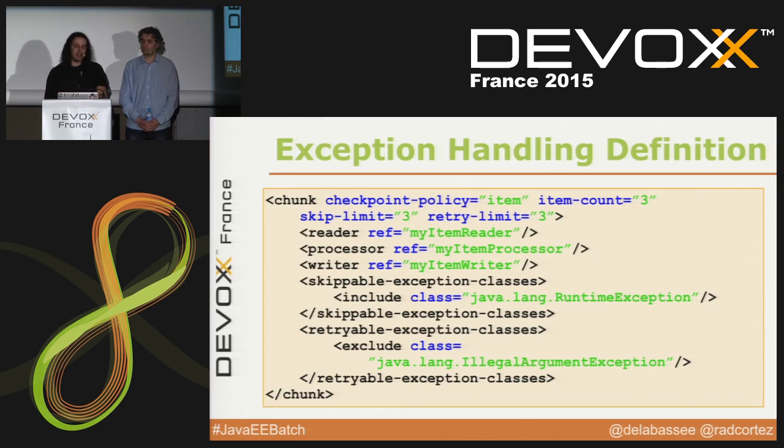Same thing for retry. We're going to retry the exception 3 times, and if you have a 4th time, you're going to fail the job. And of course, the exceptions are polymorphic and are going to accept every subclass of runtime or illegal argument exception.